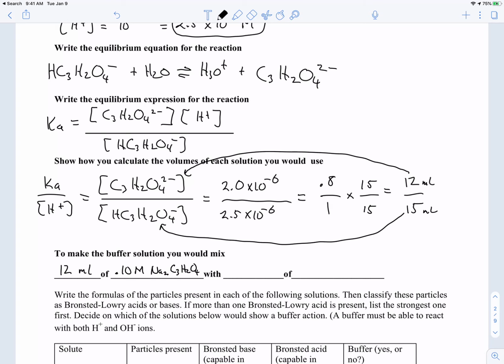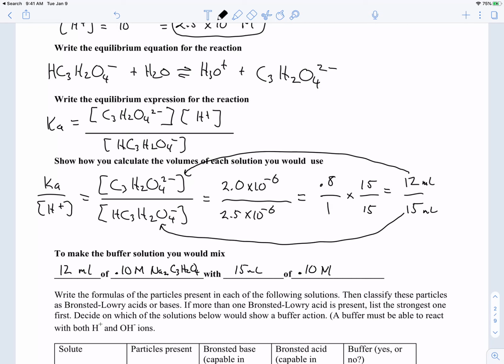We're going to have sodium solution. And we're going to mix that with 15 milliliters of, it's got to be the same concentration. These have to be the same for this calculation to work.